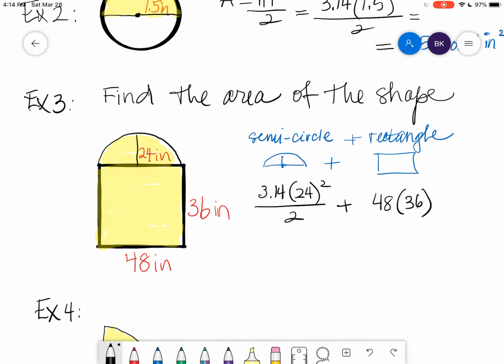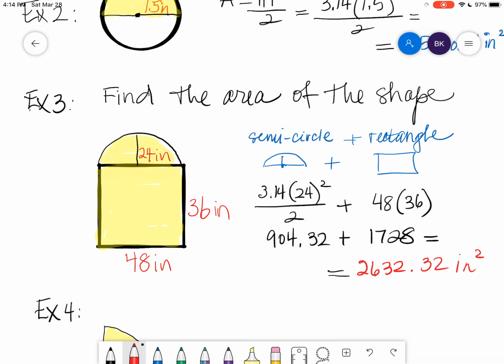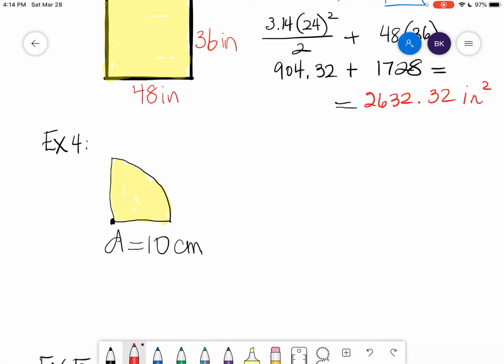When we figure this out, we get 904.32 plus 1728, and my final answer will be 2,632.32 inches squared. Gosh, my penmanship is so terrible on this iPad, on this app. Great.